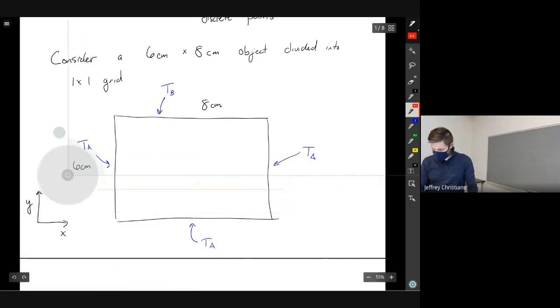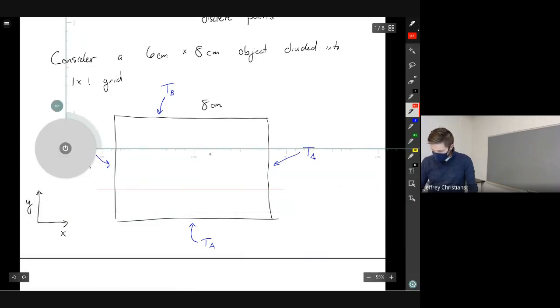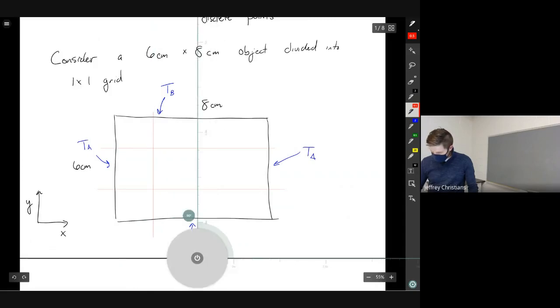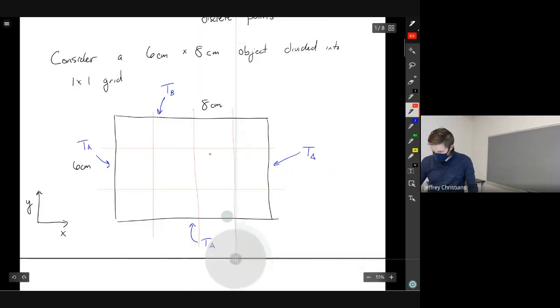Or let's do a 2 centimeter by 2 centimeter grid so we don't have quite as many points. So we'll do like that. Using my ruler and I'm not actually drawing along it.